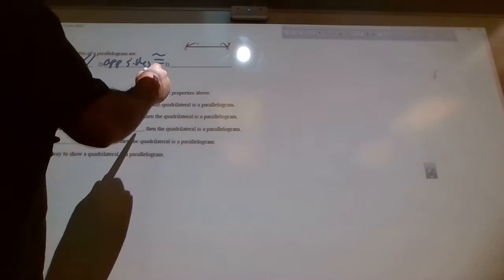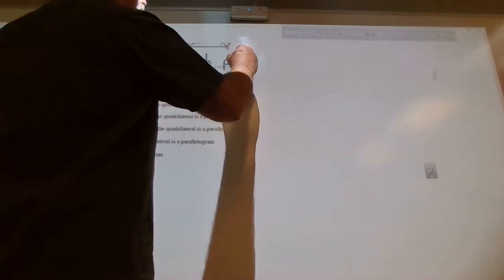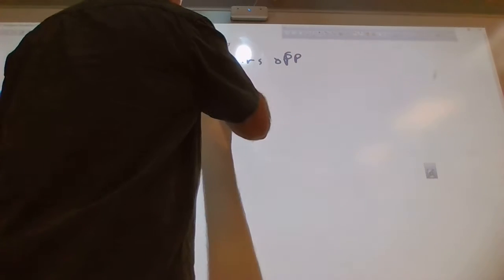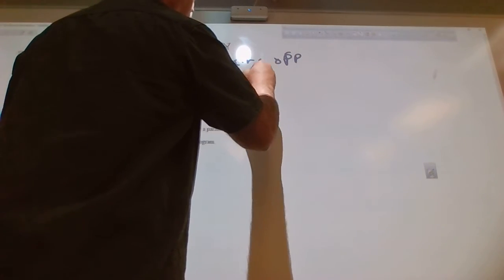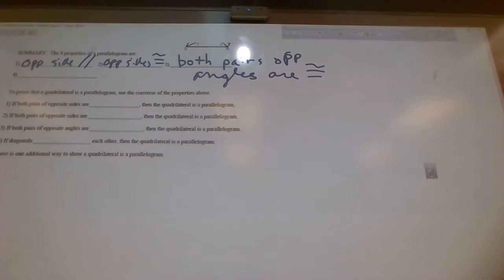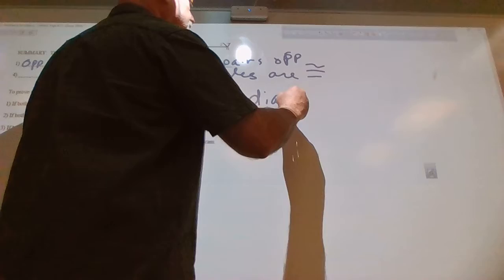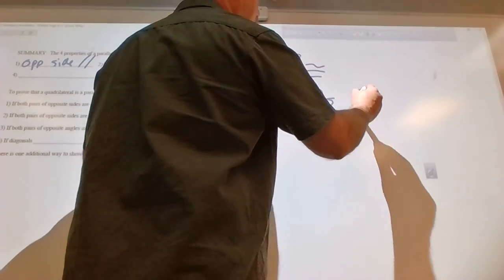Both pairs of opposite angles are congruent. And diagonals bisect each other.